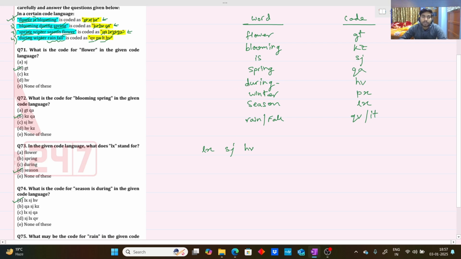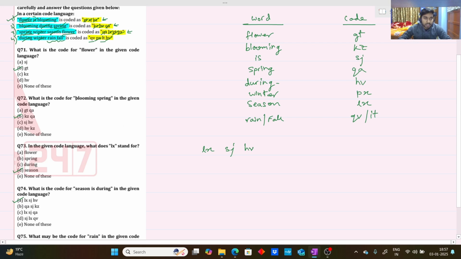Even if you're not able to, there would be 2 to 3 questions that you can answer directly just by seeing the sentences and their codes, mentally figuring out which word is common in which two sentences, and which code is common between which two codes. By that you can do at least 1 to 2 questions if little time is remaining in the examination.